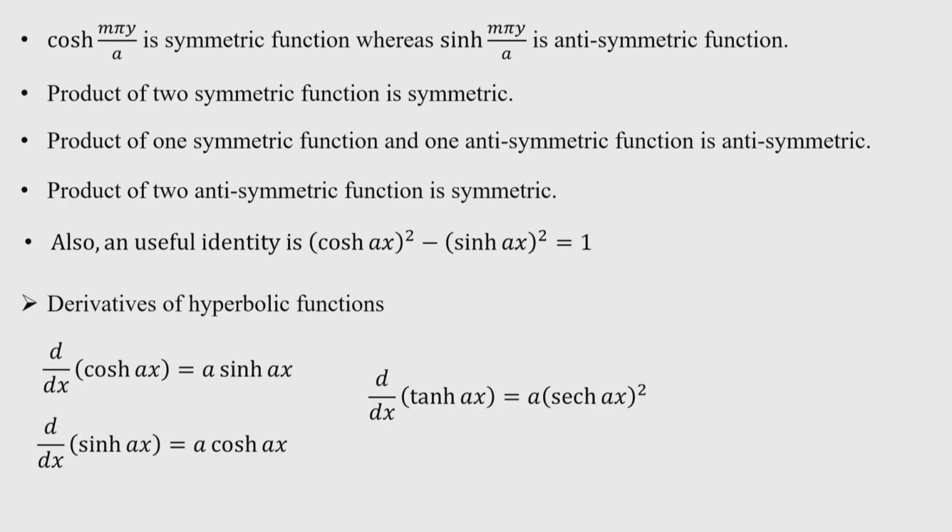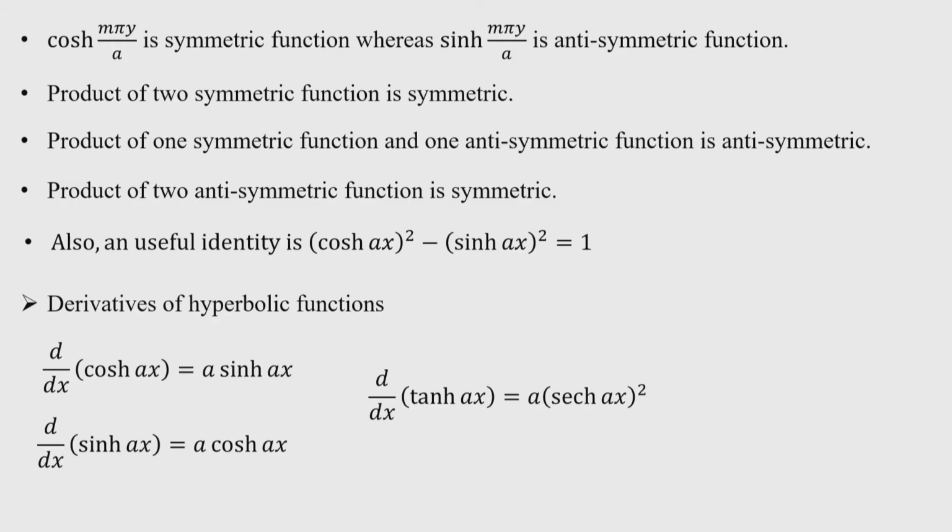We also know the product of two symmetric functions is symmetric. The product of one symmetric function and one antisymmetric function is antisymmetric. Suppose x squared is a symmetric function and sin x is antisymmetric, so x squared sin x is antisymmetric. Similarly, when we found the solution, the term y cosh(m pi y / a) appears.